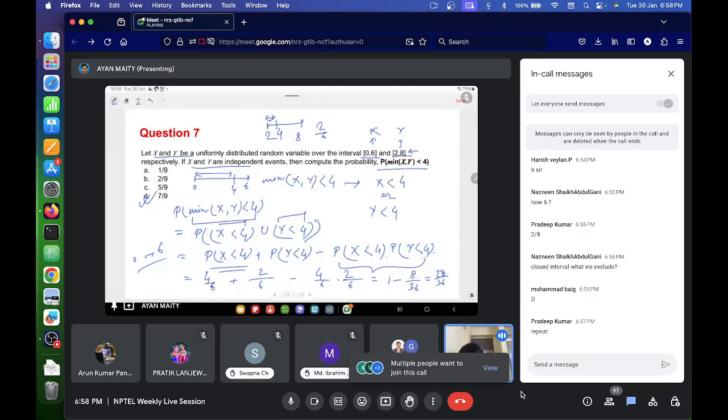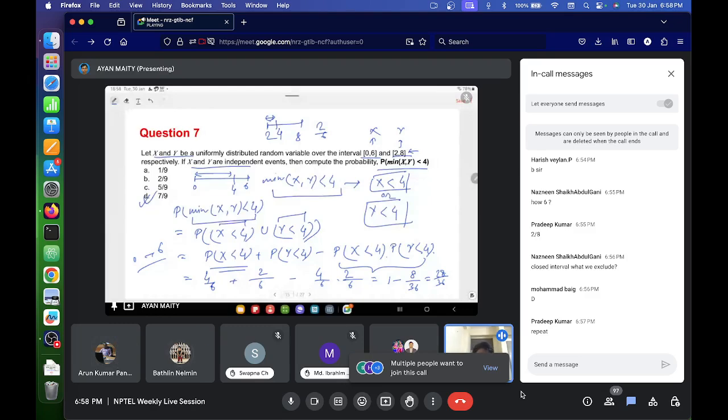So minimum of x comma y less than 4. When will this event be true? If at least one of these two variables x and y is less than 4, then we will get minimum of x and y less than 4, isn't it? Yes, sir. So that means x less than 4 or y less than 4. This event is simply x less than 4 or y less than 4.